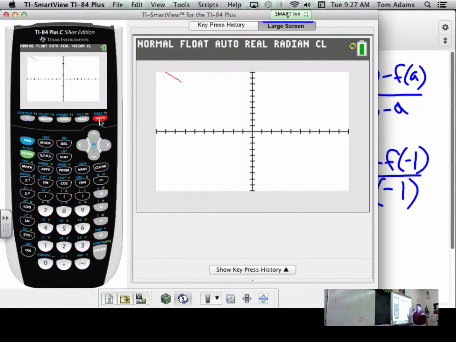What do you notice about the graph? Absolute value. Yeah, it looks just like an absolute value, but it's a corner. And what do we remember about corners? Not differentiable. Okay, so it's not differentiable. That's why it doesn't satisfy. All right, but let's go through the motions and we'll see why it doesn't satisfy.